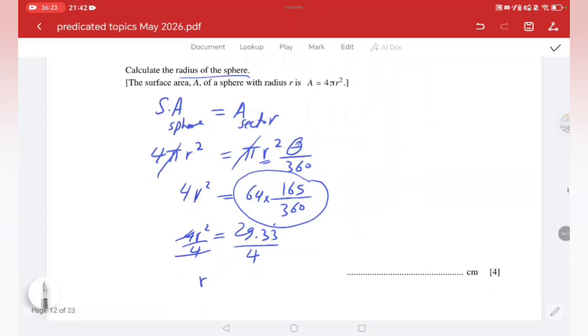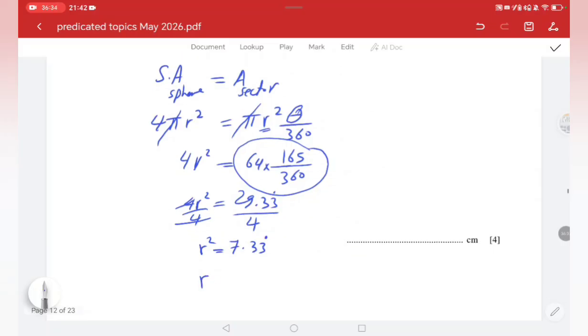So r squared equals, if you divide by 4, 7.33. And then if you need r, you have to find the square root of the answer. So r equals 2.708, or you may write 2.71.